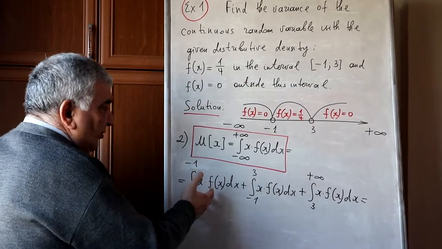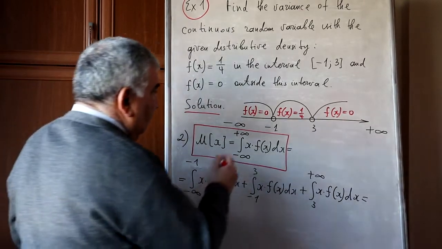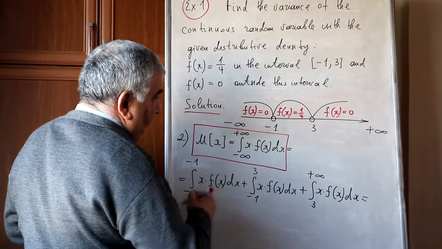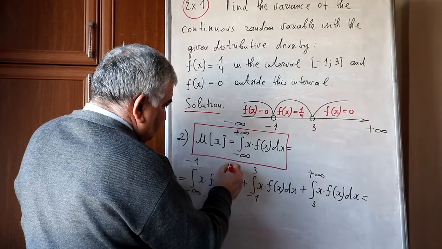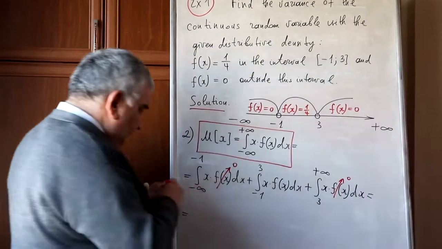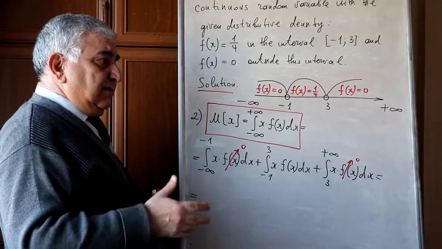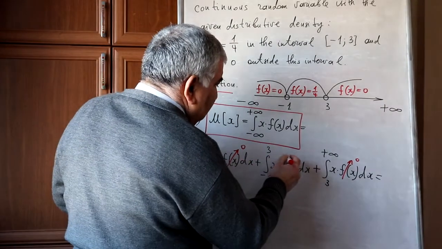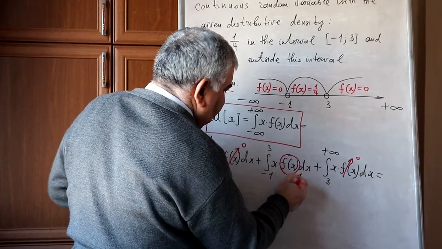In the first and the third integrals, f of x is 0 according to this figure. In these intervals, f of x is 0. And you know that the definite integral of 0 is 0. But here in the middle integral, substitute 1/4 instead of f of x.